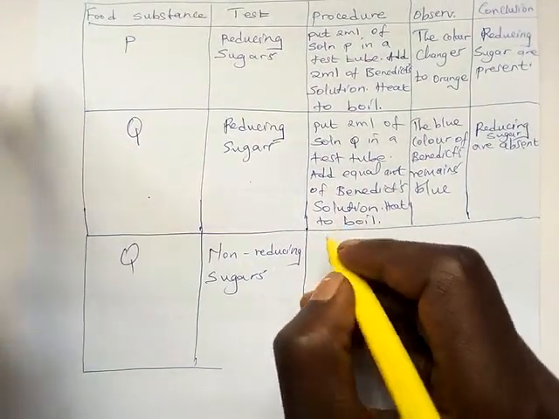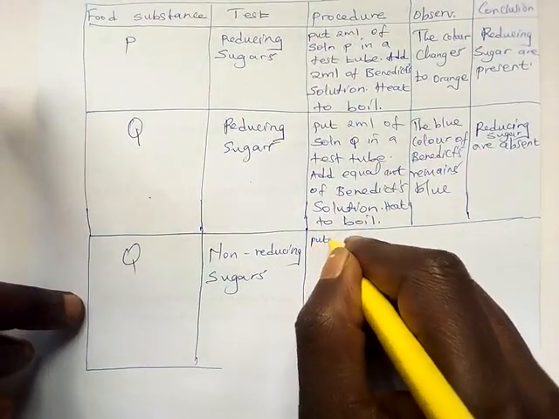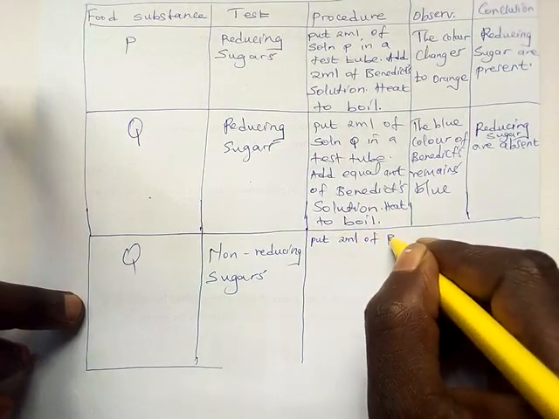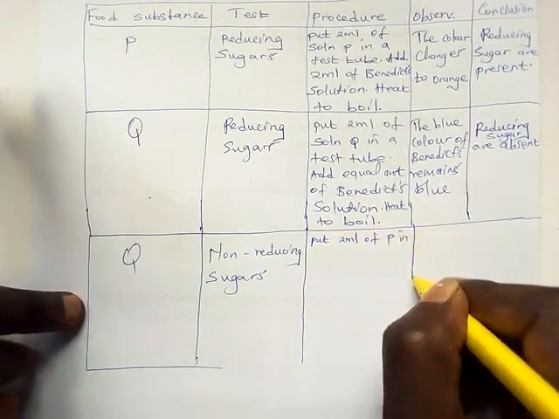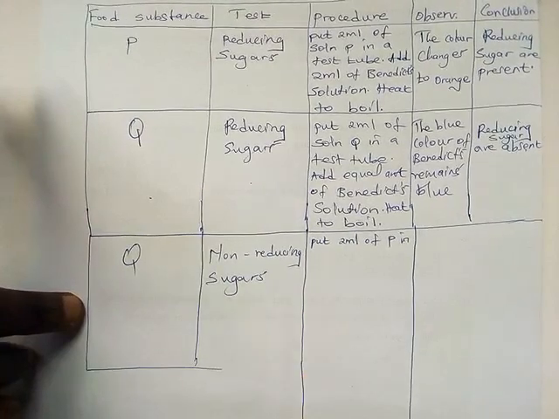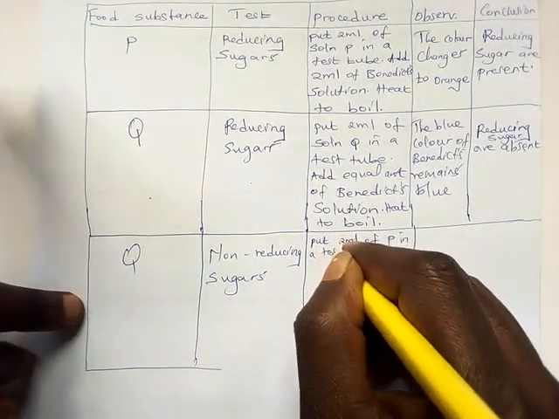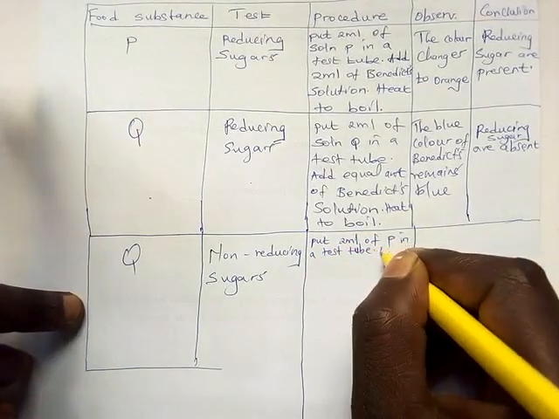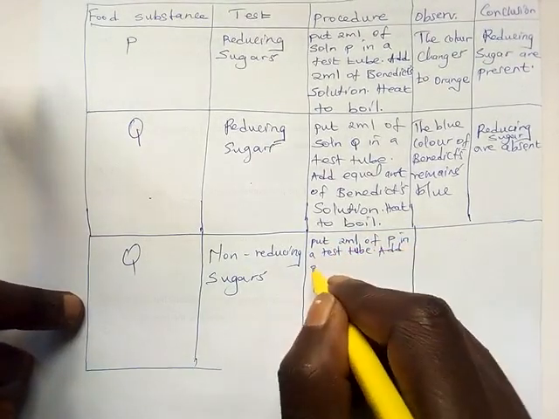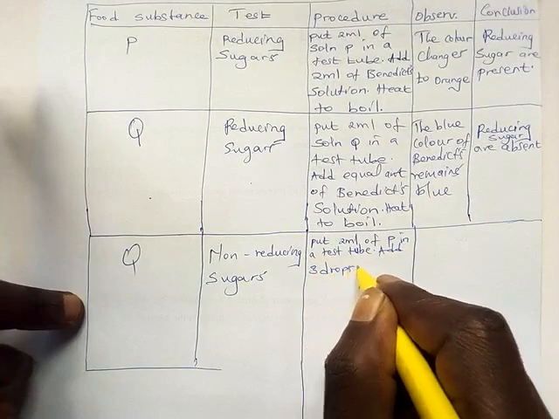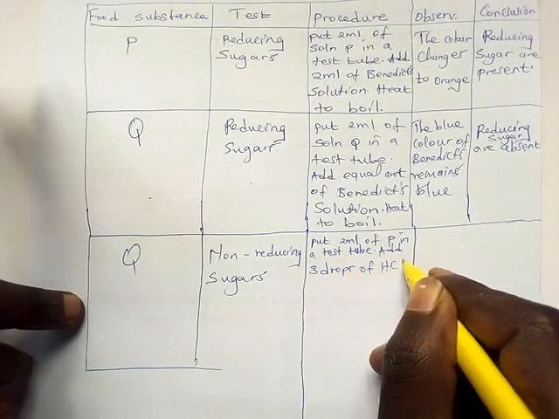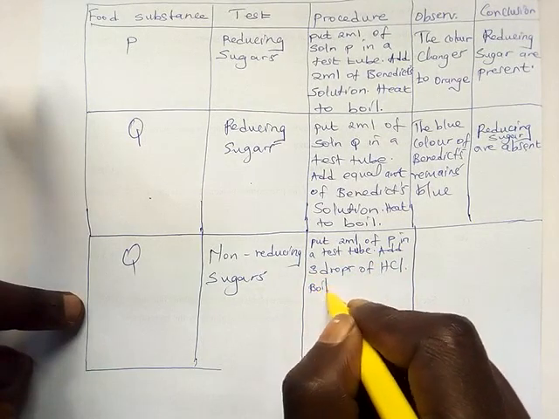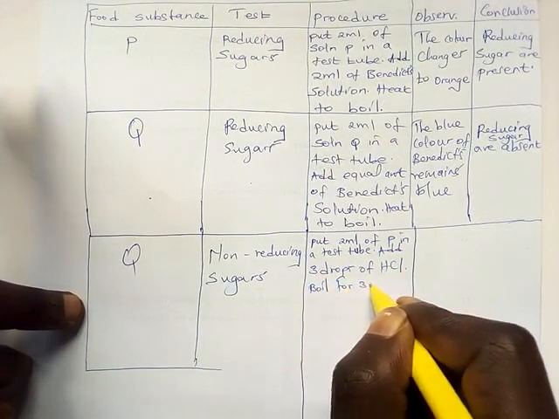Then you say, put 2 milliliters of substance P in a test tube. Then you add 3 drops of dilute HCl and then you boil for 3 minutes.